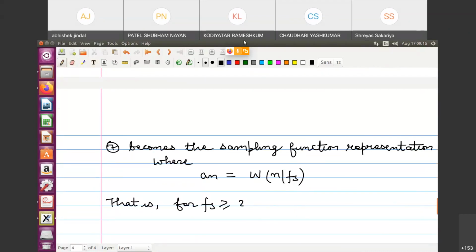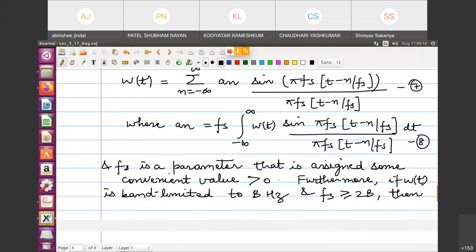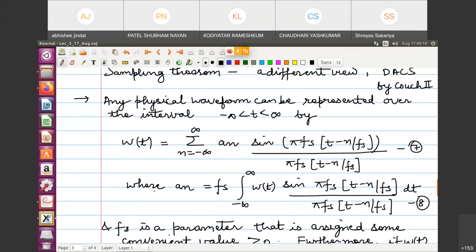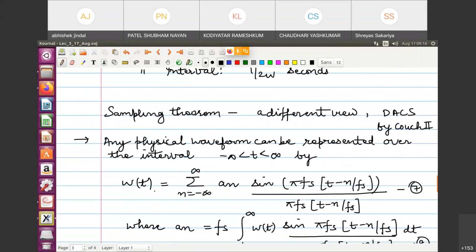I need to mention one very important thing here: since we have changed textbooks, there is a problem. Simon Haykin used W as the highest frequency which has a non-zero component, but here that is B. So you have to take care of this notation while we move from one book to another.